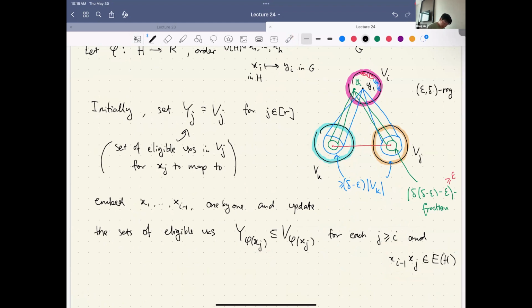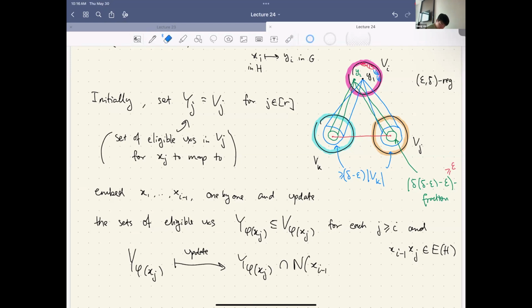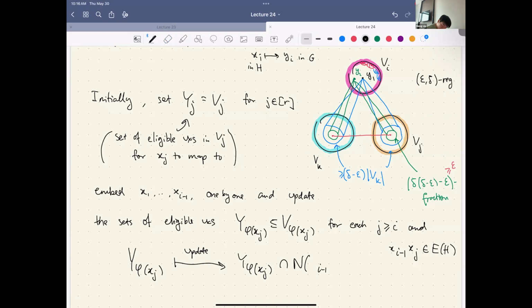To update this Y_{phi(xj)}, you need to intersect it with the neighborhood of the (i-1)th vertex. Actually, I should probably write y_{i-1}. We map these to y_{i-1}, map this to y1. Okay.